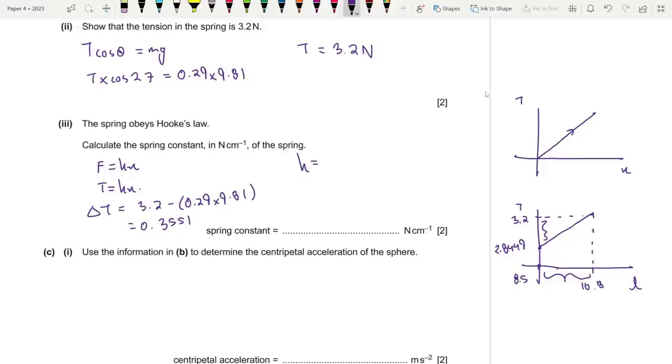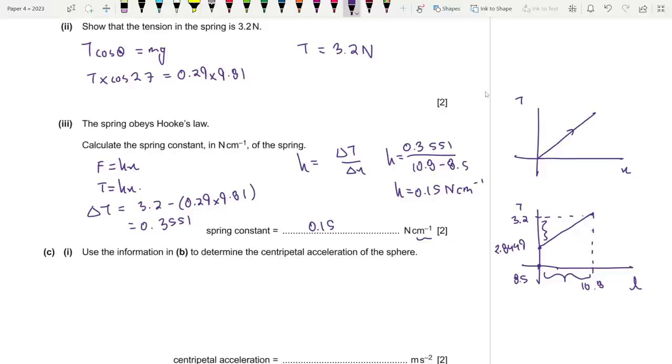Now we know that K is equal to del T by del x. So del T is 0.3551 divided by the change in extension, which is in centimeters, so 10.8 minus 8.5, which gives us a value of 0.15 newton per centimeter to two significant figures.